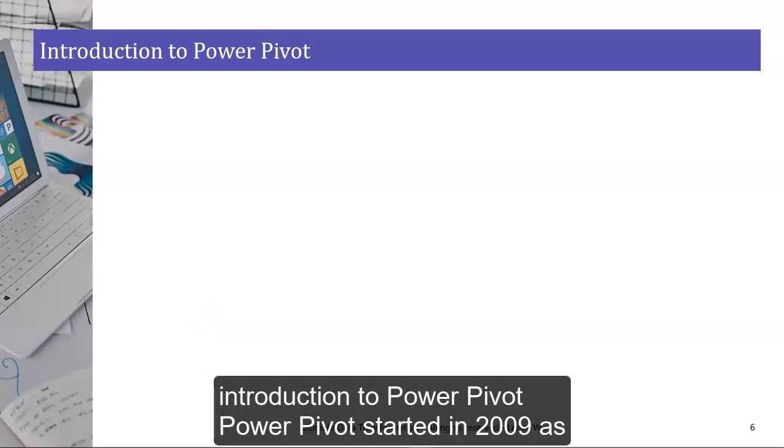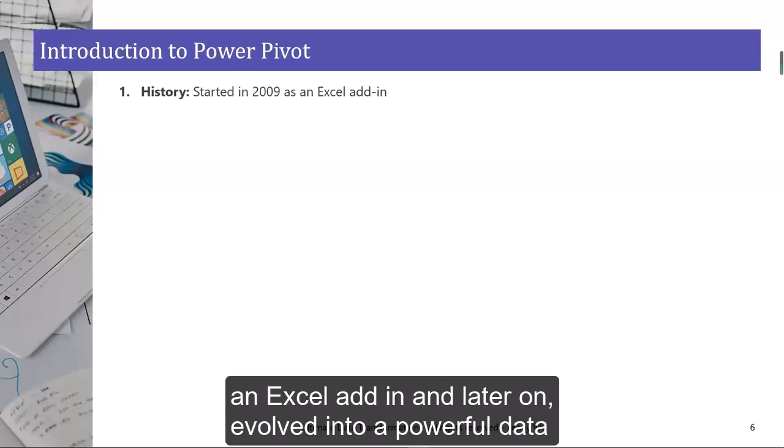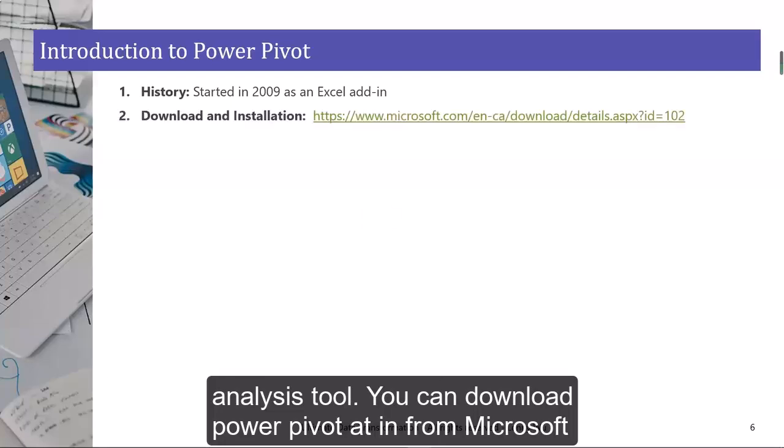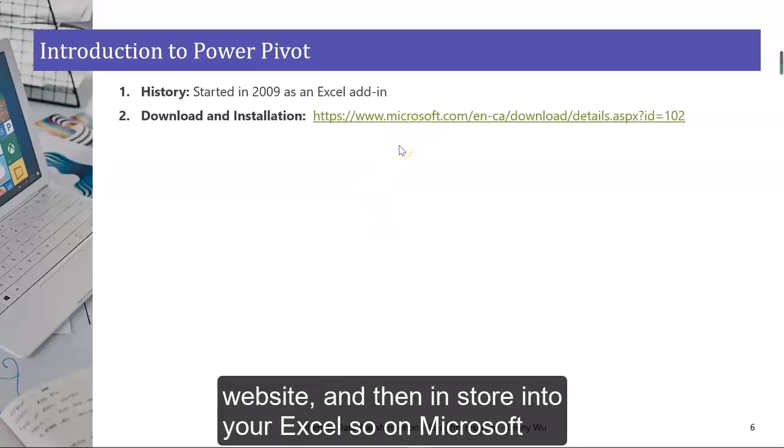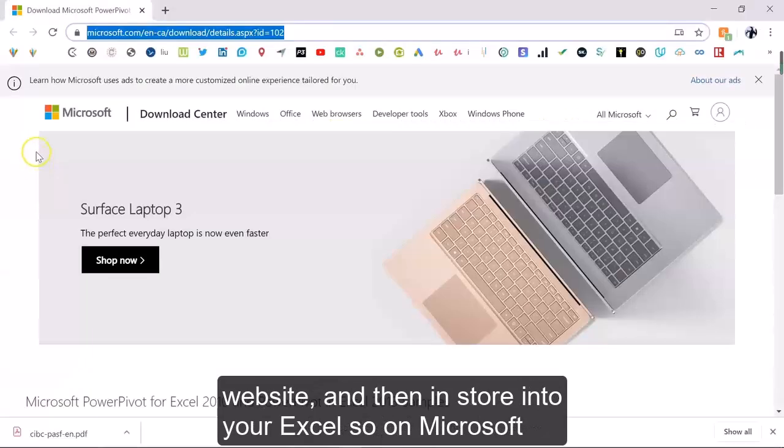Introduction to Power Pivot. Power Pivot started in 2009 as an Excel add-in and later on evolved into a powerful data analysis tool. You can download the Power Pivot add-in from the Microsoft website and then install it into your Excel.